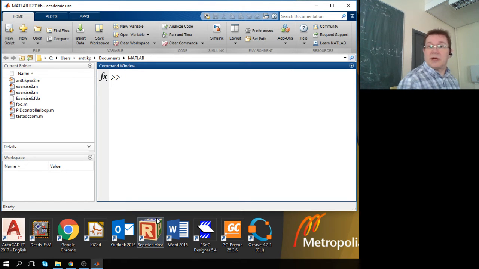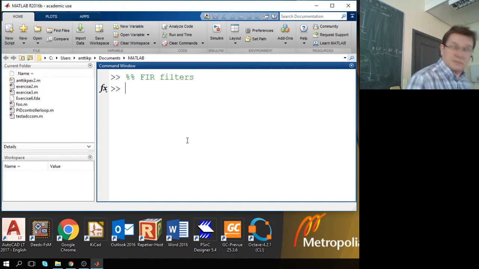Okay, so today's topic was about FIR filters and how to work with them. Let's start from generating the low pass filter.